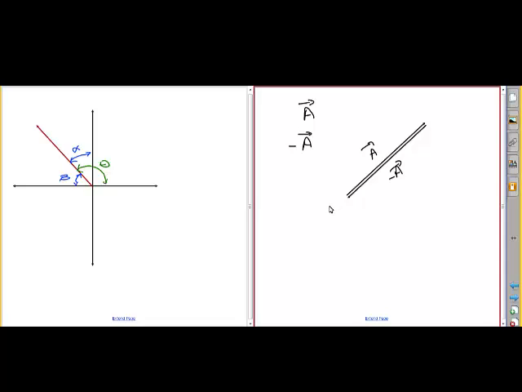Let's see what else is in here. Typically, if you're doing things graphically, you'd have to include some kind of units. Normally you would think the units would be distance, but these vectors could represent velocity, which has units of meters per second, or acceleration, which is meters per second squared. And so you'd have to have some kind of scale factor.